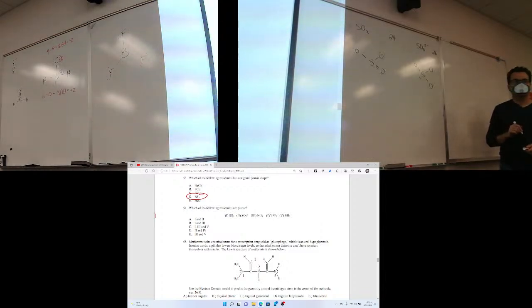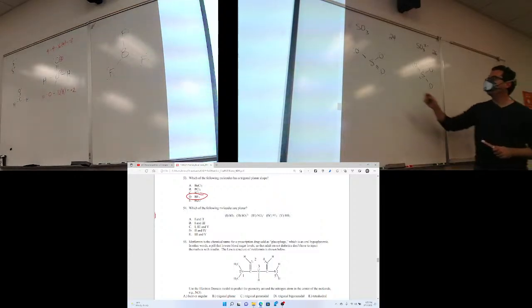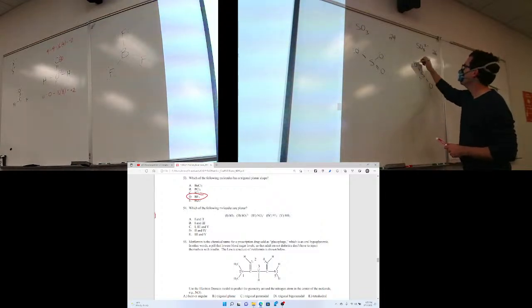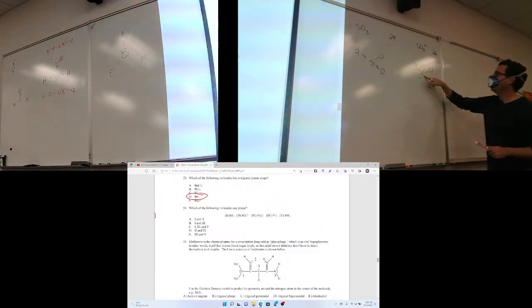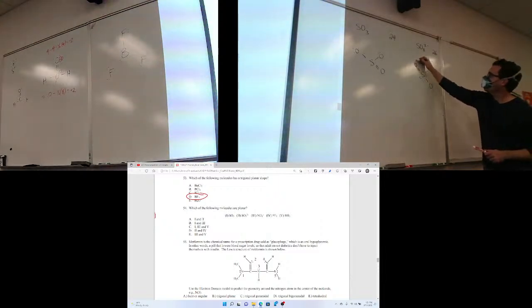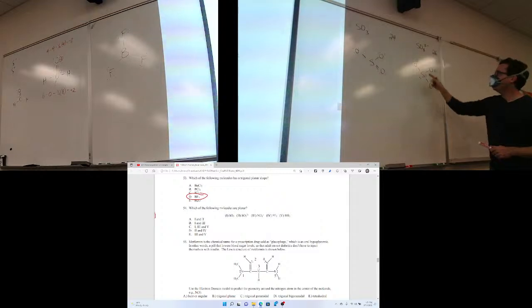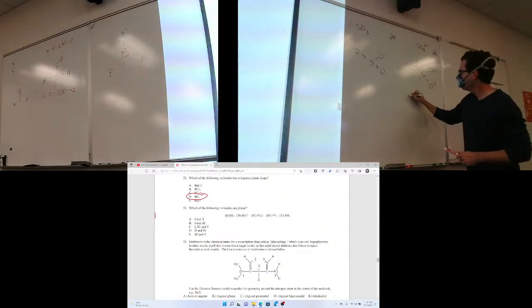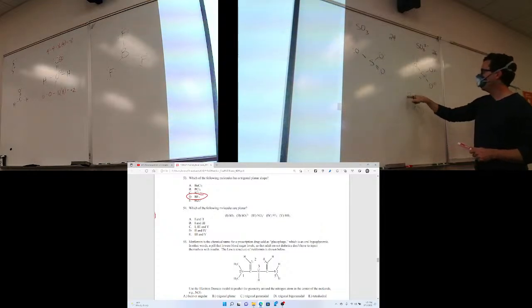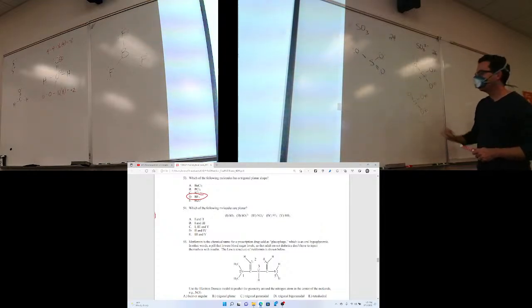Wait, with the more than an octet there on the sulfur? Yes, because sulfur can. It's in period 3. If you don't do that, this has a +1, and these are all minus. But if you put a double bond in there, then that's 0, and these are minus.